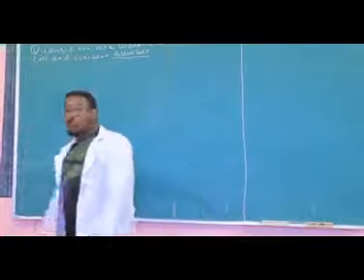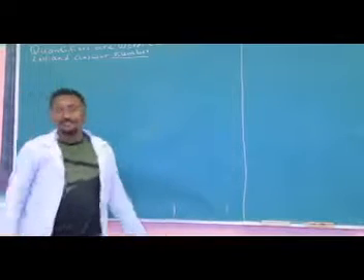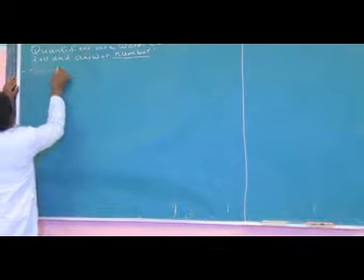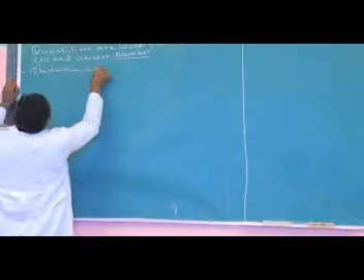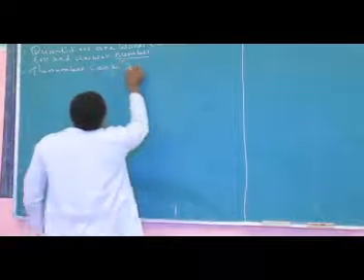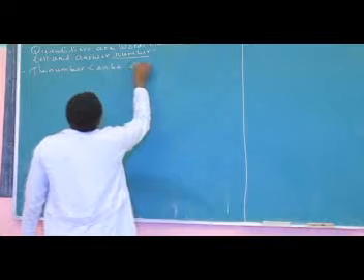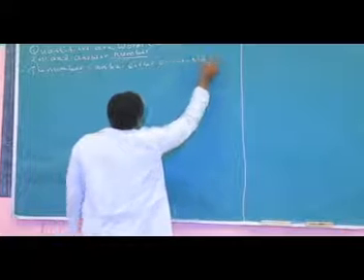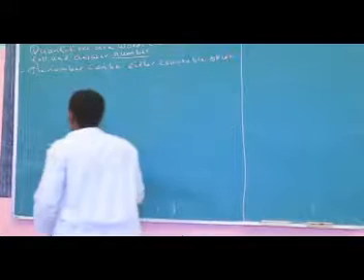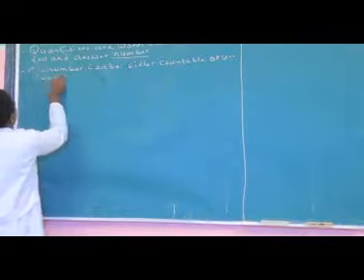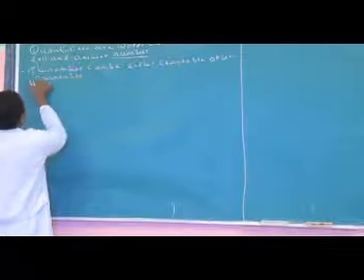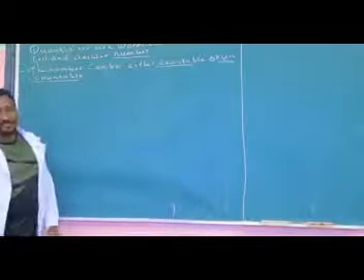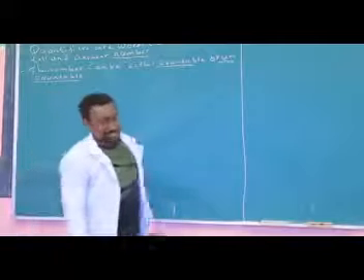So, the number can be either countable or uncountable. This is countable and uncountable. Now we are dealing with quantifiers.